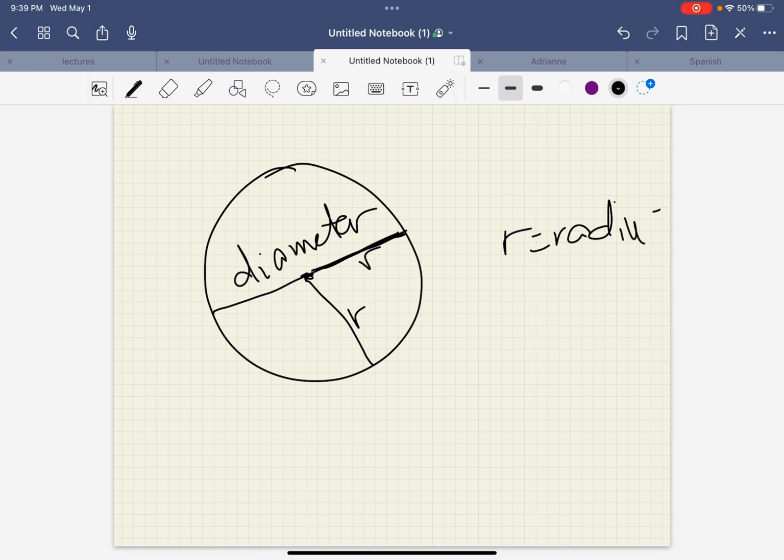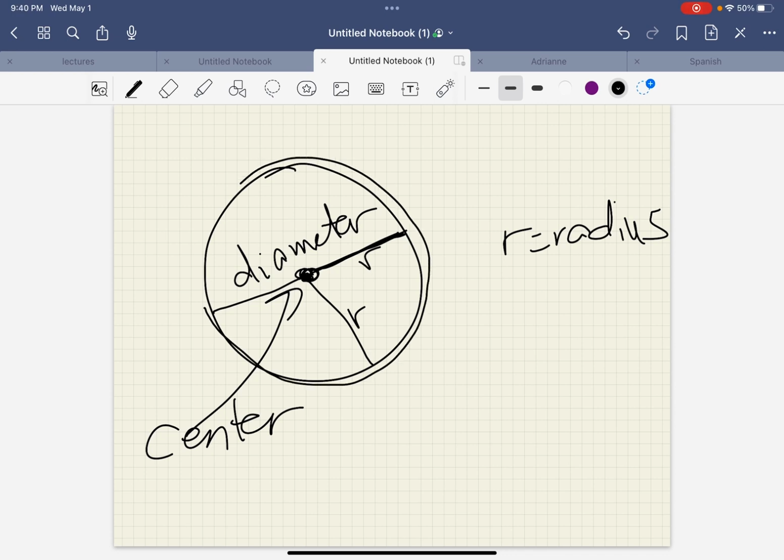So it's half of the diameter. And this is called the center of the circle. The distance all the way around, we don't call it perimeter of a circle. We call it circumference. It's just a fancy word for perimeter of the circle.